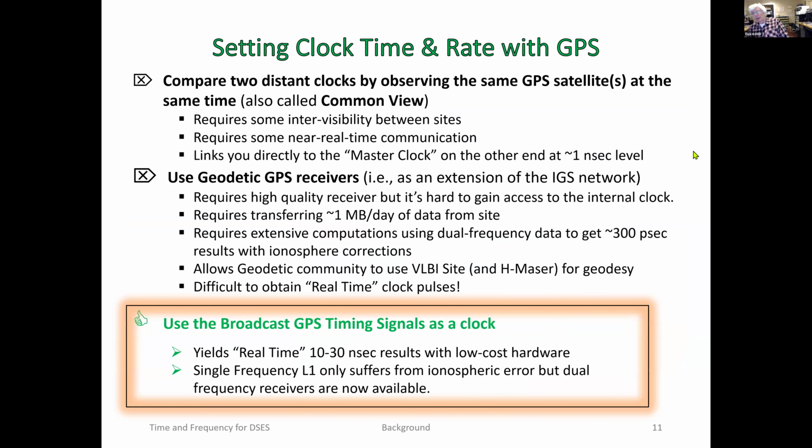So this chart is an old chart. I'm not going to go through it in great detail. What it was intended to describe to the scientists and technicians at the VLBI sites was that somehow we needed a source of time, not just frequency, but time.